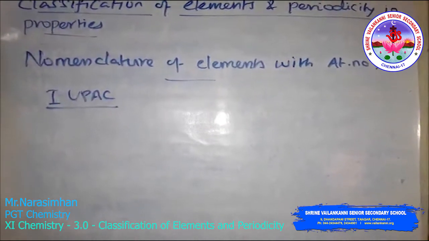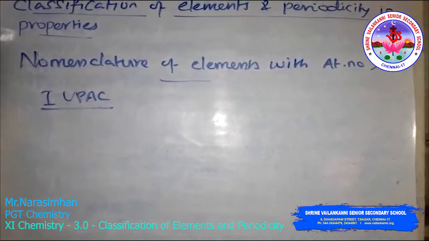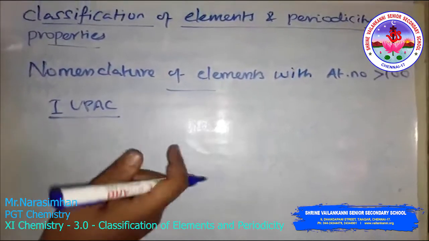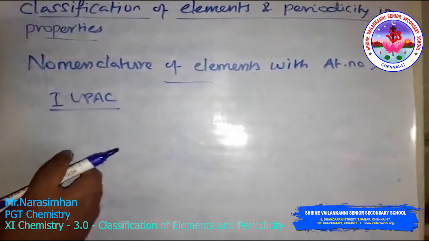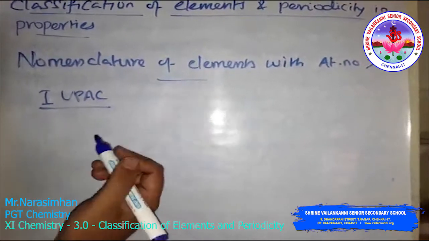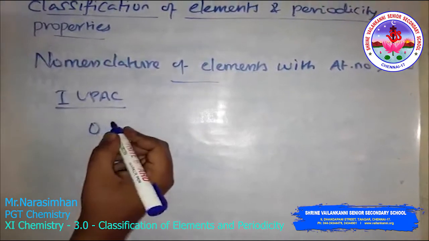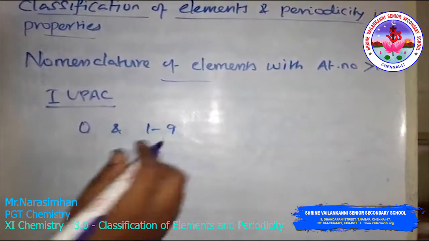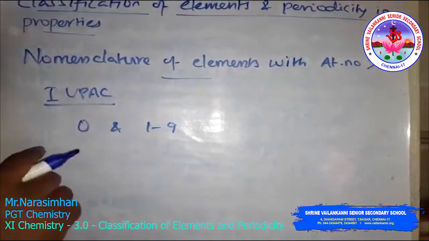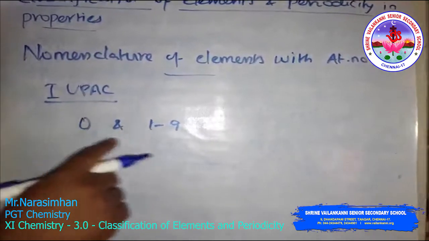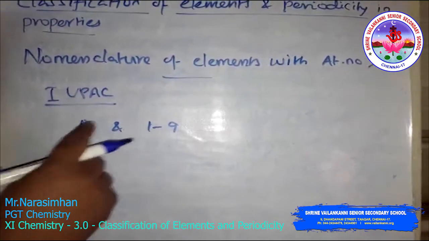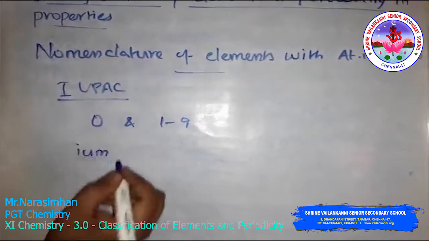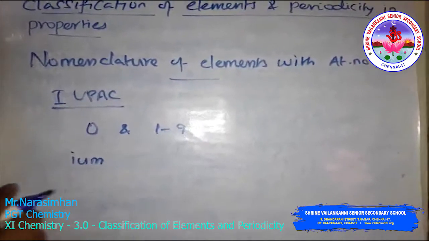So a systematic nomenclature is derived directly from the atomic number of the element, using numerical roots for 0 and the numbers 1 to 9. These roots are put together in the order of the digits which make up the atomic number, and "ium" is added at the end.